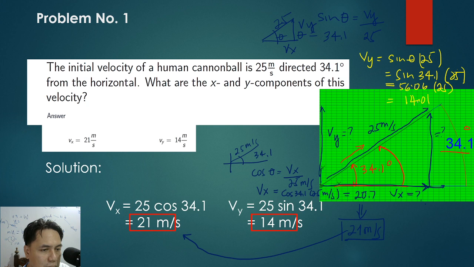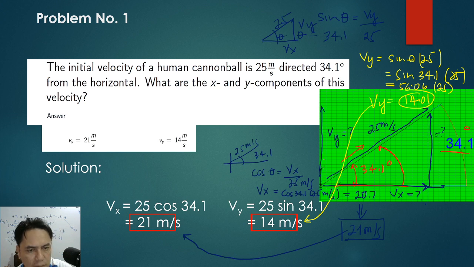If you round this, it's just 14.0. So 14.01, that is V sub y, and where is that? Here, 14 meters per second. So we were able to solve the x and y components of the first problem.